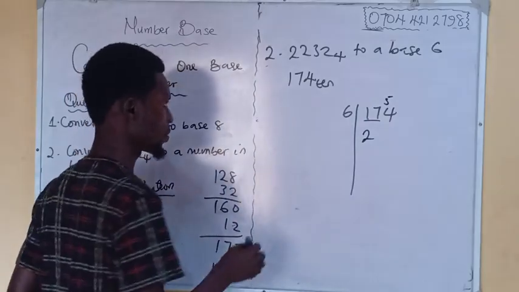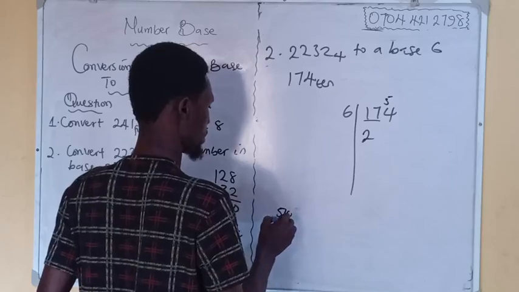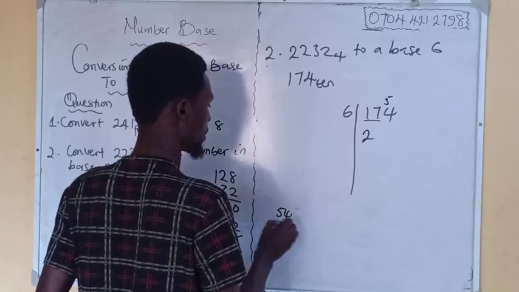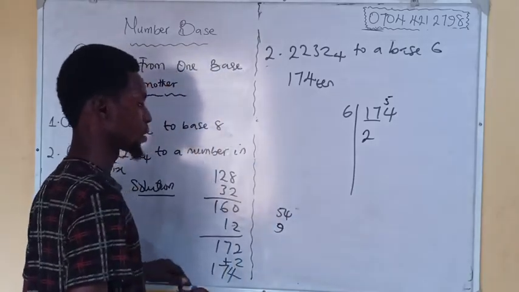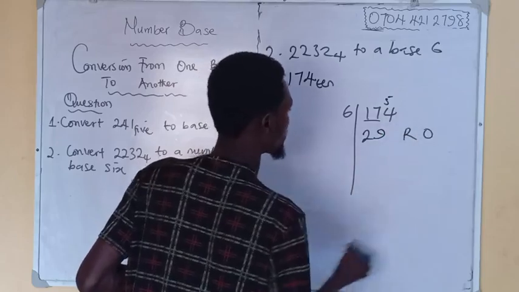6 goes into 29. 9 times, right? 9 times 6 is 54, and that is remainder 0.